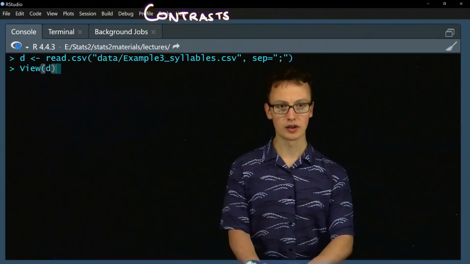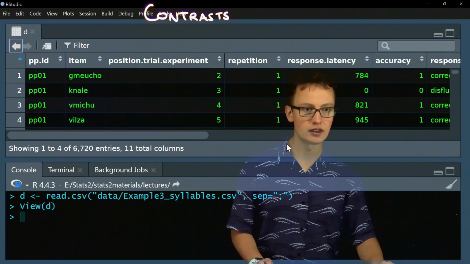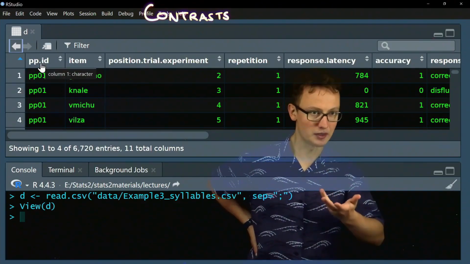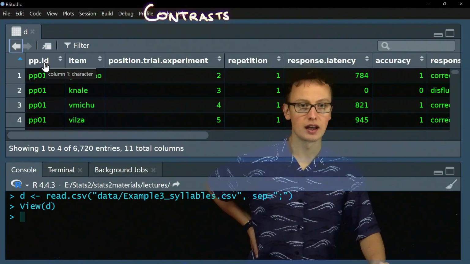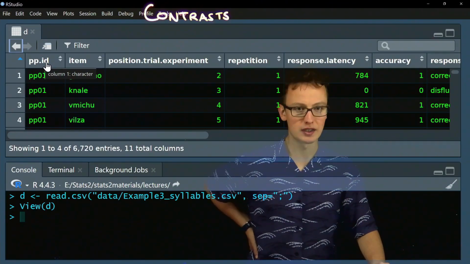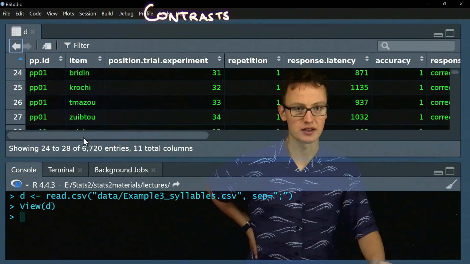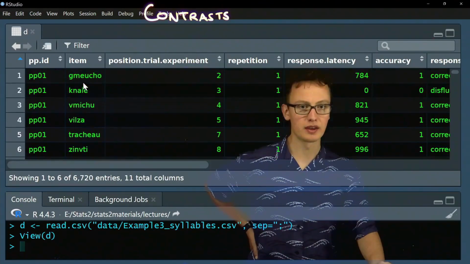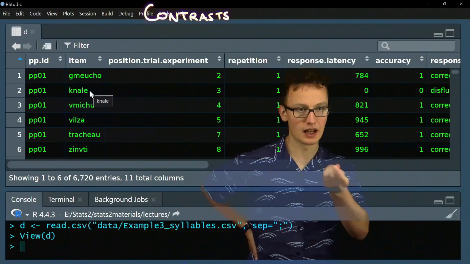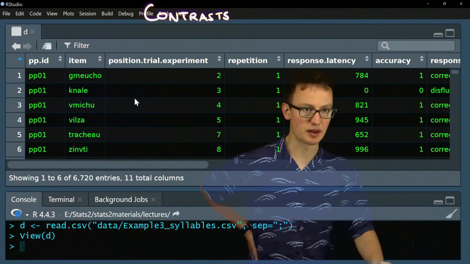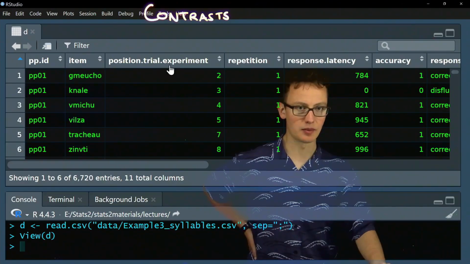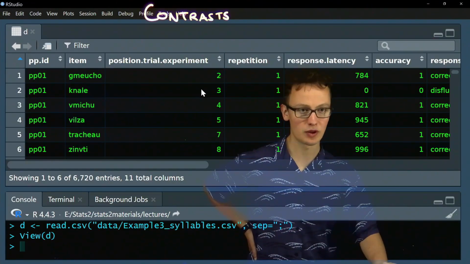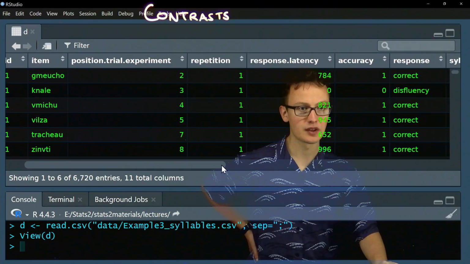Let's have a look at what D looks like. As you can see here, D has these different columns, like it's an experiment basically, and the result of the experiment. So PPID is the participant ID, which specifies which particular participant this data point belongs to. We have the item label, also a unique identifier for the item. We have other not so relevant things for us now, like the position, the order of the trial, and several other things.